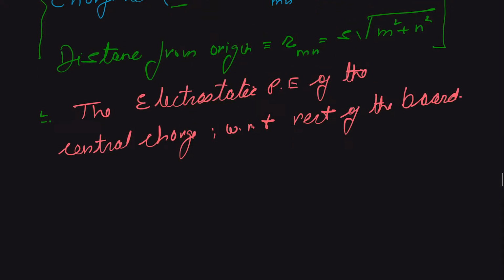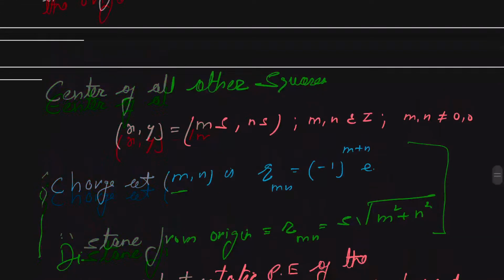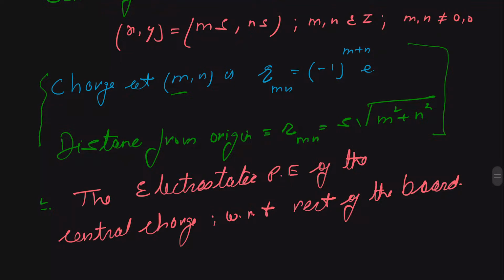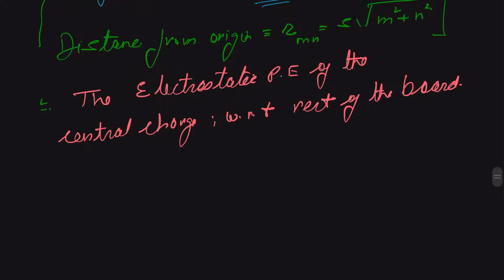And we have assumed that the origin is this one, and because we have solved, this is having a plus e charge. The rest of the board, we already know, is having a charge of Q_mn at any general location m, n.